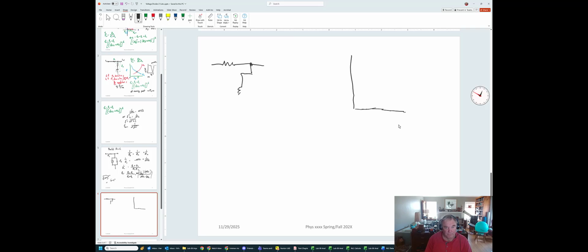So, in a parallel circuit, the low Z dominates, or the low R. Because as one of these gets smaller and smaller, then the current will just flow through that one. It will just ignore the other one.